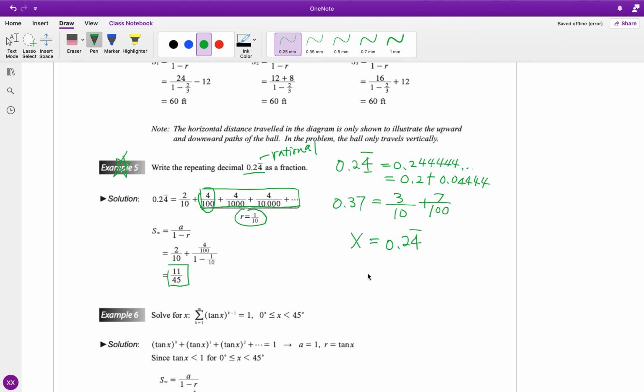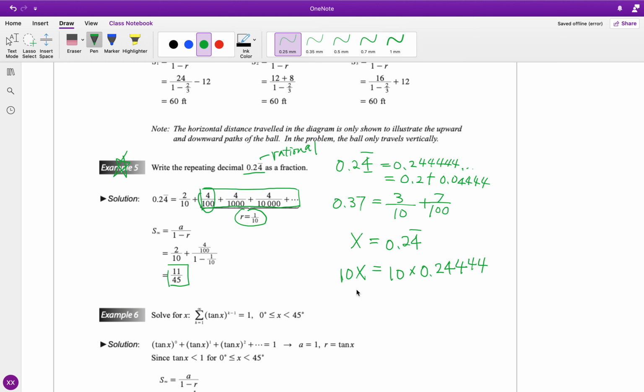So in this case, I can multiply both sides by 10, okay? So I'm going to say 10x now equals 10 multiplied by 0.2 and 4 and 4 and 4 and 4, right?